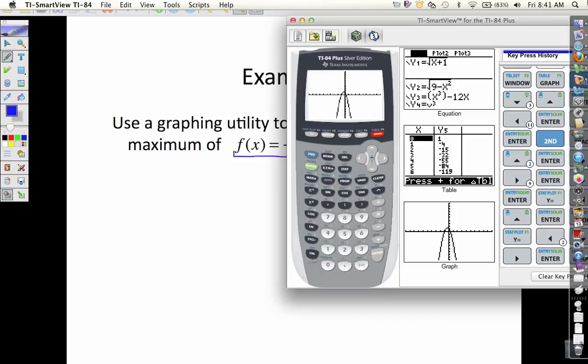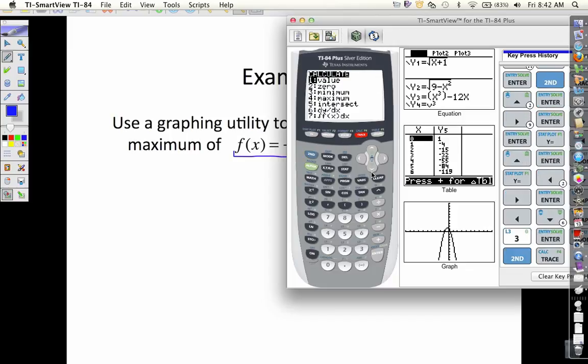I'm going to turn that one off. Now we can graph it. All right, so there's your graph. I went into y equals, and you would type your function in, and then you're going to do Zoom 6, making sure you get a nice window for it.